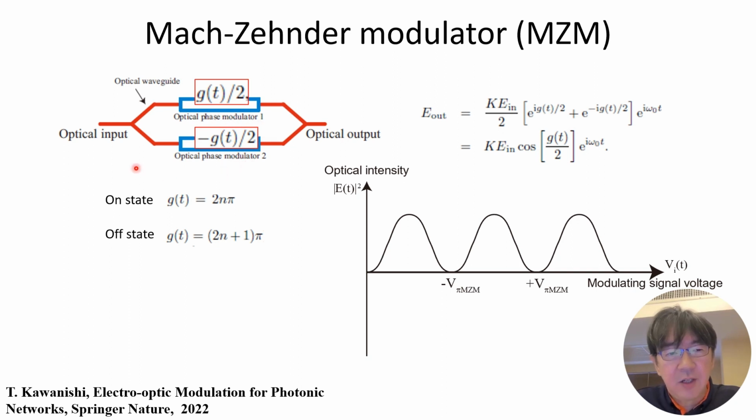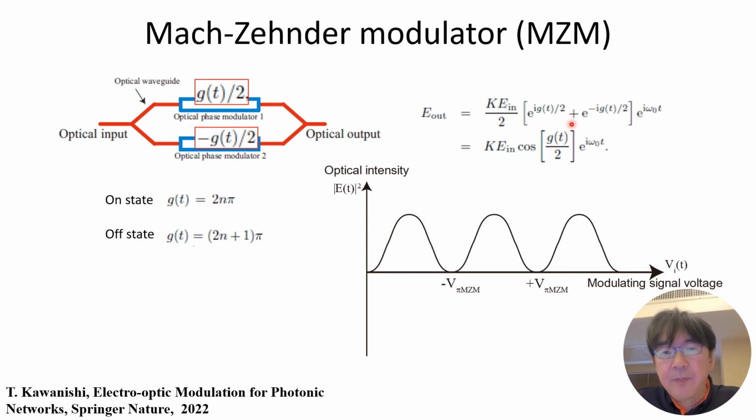And here's another optical phase modulator, the phase shift is minus φ(t)/2. So we have the same amplitude of phase shift, but the polarity is different, plus phase shift and minus phase shift.